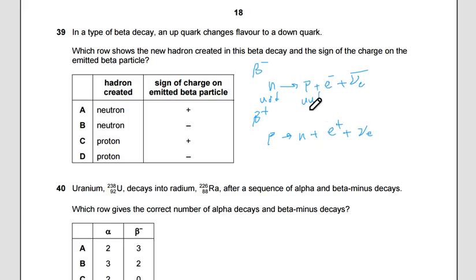So we have down to up, not up to down, so this is not the case. So it is a proton transferred to a neutron. Be careful here because the hadron created is the neutron, not the proton. The proton is the one that decayed, and the beta formed is positive. Okay, so it is A.